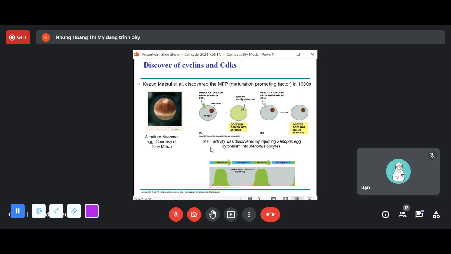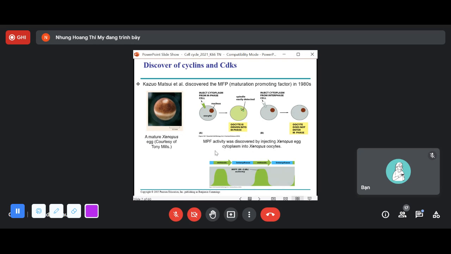It turned out the factor has the activity of an enzyme, the kinase enzyme, and they call this factor MPF, the maturation promoting factor, because they work on the outside. They call this maturation promoting factor. They found this in the 1980s of the last century.